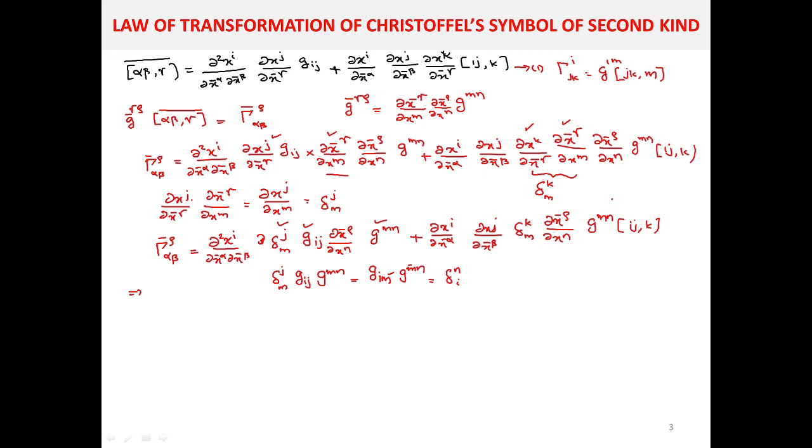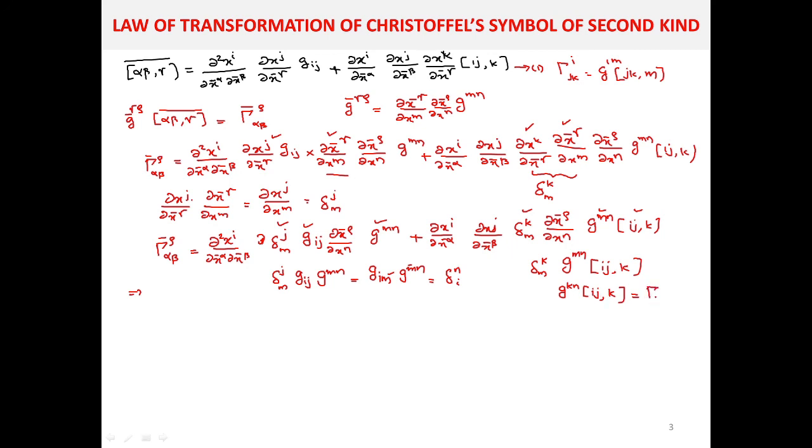Okay, the second term, when you consider these three terms, that is delta km gᵐⁿ Γᵢⱼₖ, you have to replace m with k, so it becomes gᵏⁿ Γᵢⱼₖ.